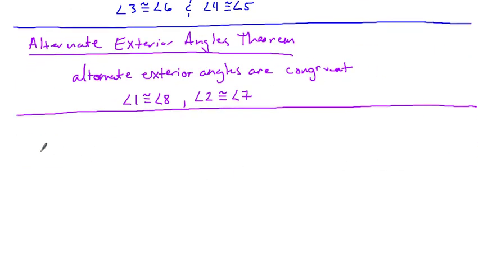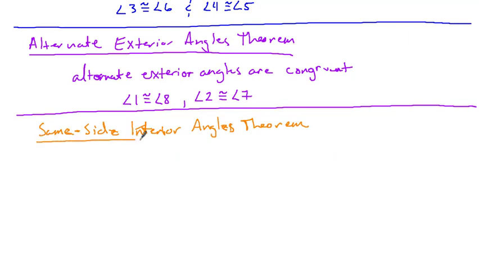All right, we've got 2 more to go. We have our same side interior angles theorem. So remember, it all starts out the same. Our hypothesis is up at the top.